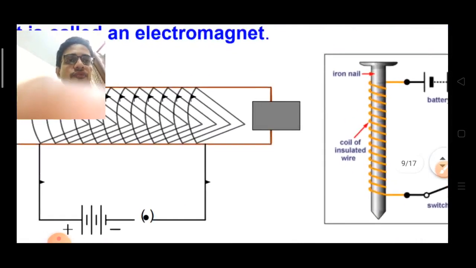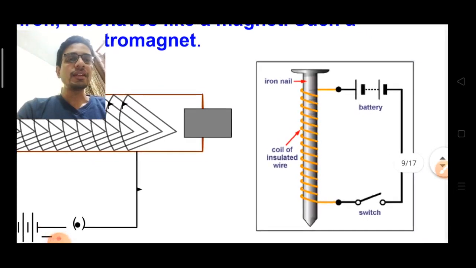you will get an electromagnet. In this figure, you can see that there is an iron nail, and around it insulated copper wire is wrapped. So the insulated copper wire's coil is a solenoid, and inside this an iron nail is introduced. So it becomes an electromagnet.